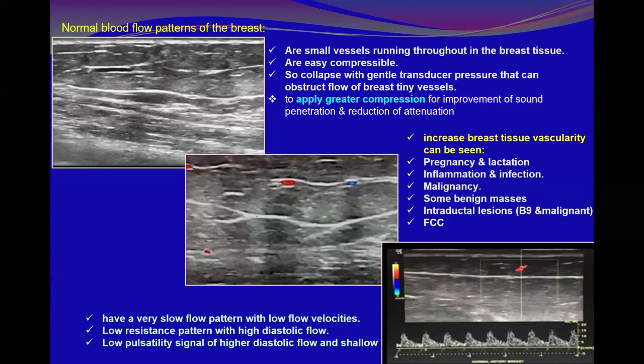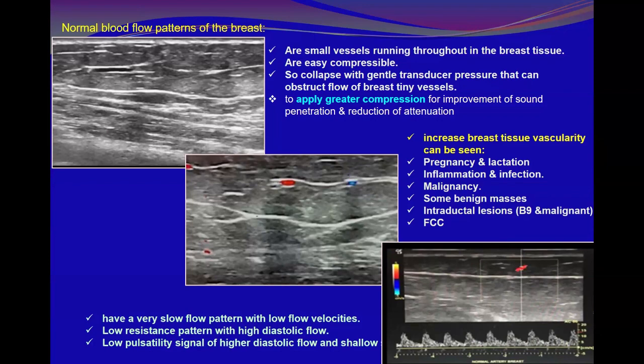So during scanning, usually in B mode, we apply more pressure to visualize or to eliminate artifacts usually seen from the Cooper ligaments. But when you turn on the Doppler, we need to release that pressure.